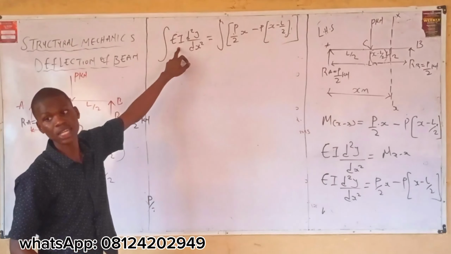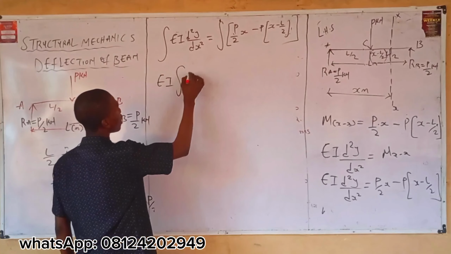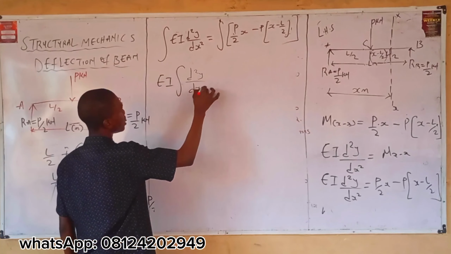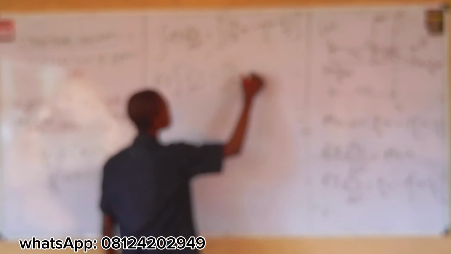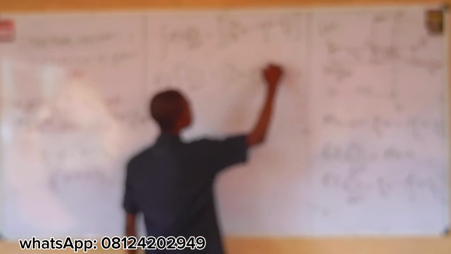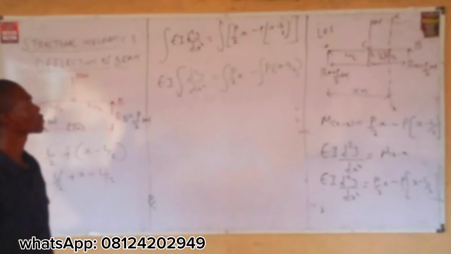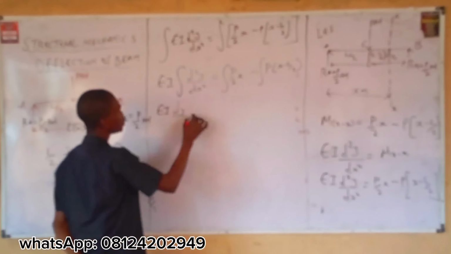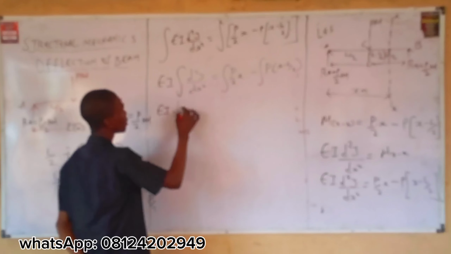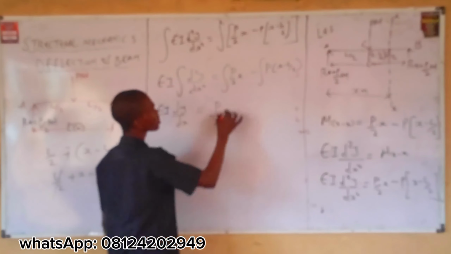You know, EI is a constant, meaning EI integral d square y over dx square. From the idea of integration, you can split this, meaning integral P over 2x minus integral P all into bracket x minus L over 2. From here, let's perform our integration. This becomes EI dy over dx equals to, let's integrate. You know, P over 2 is a constant here.